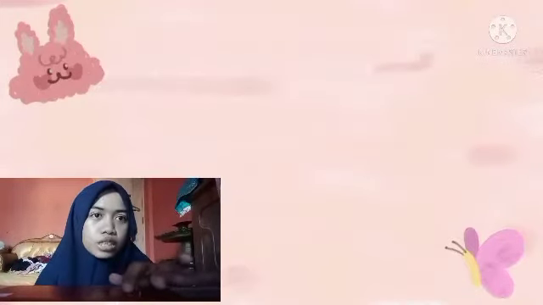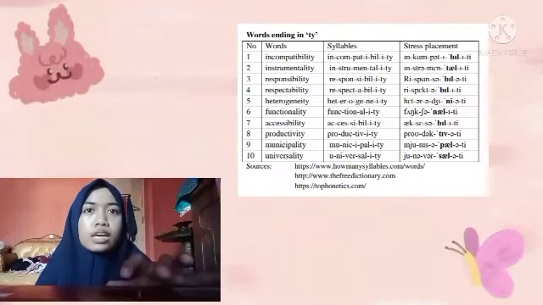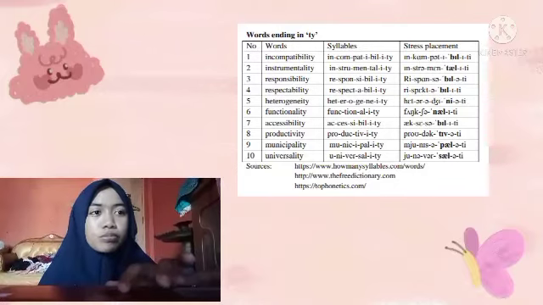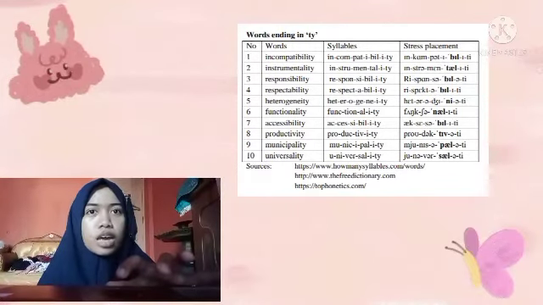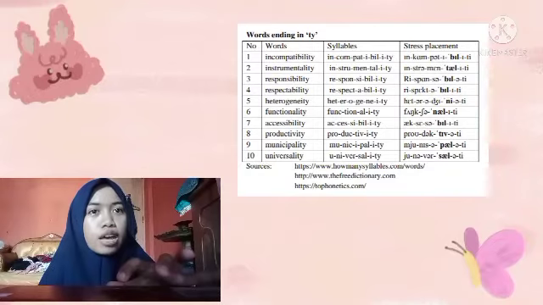For example, in words ending in T, like incompatibility, instrumentality, responsibility, respectability. Next is heterogeneity, functionality, accessibility, productivity, municipality, universality.